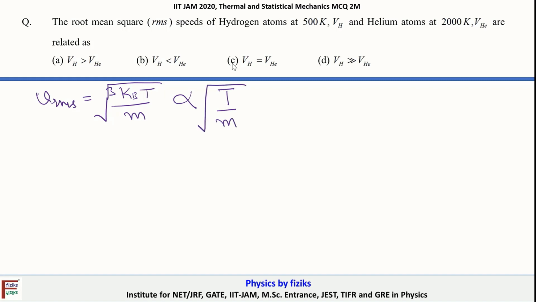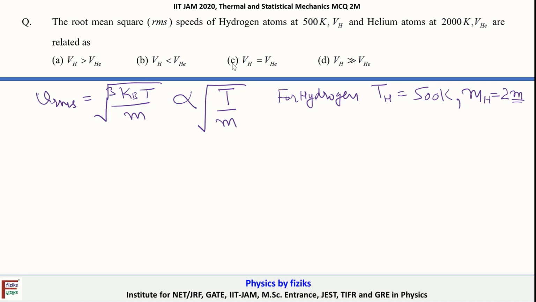Or what you can write is this is proportional to the square root of the temperature divided by the molecular mass of the gas molecule. Now for hydrogen, the temperature is 500 Kelvin, and let's say its mass is mH, because it has two nucleons, so I will write 2m, where m stands for the mass of one nucleon.